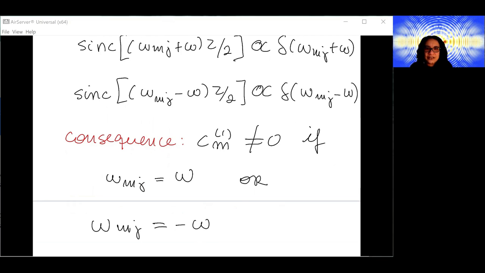Can you see this is interesting? Because this means that only in this case you can have some transition from the initial state to the final state.